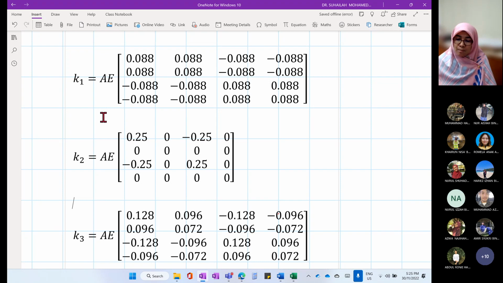In order to combine all these three element stiffness matrices, a very important step is we have to label the degree of freedom for each K1, K2, and K3. We have to label element by element based on near and far end condition.